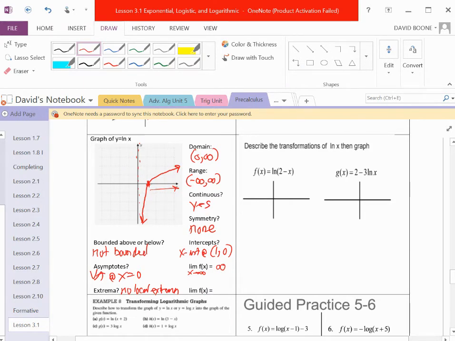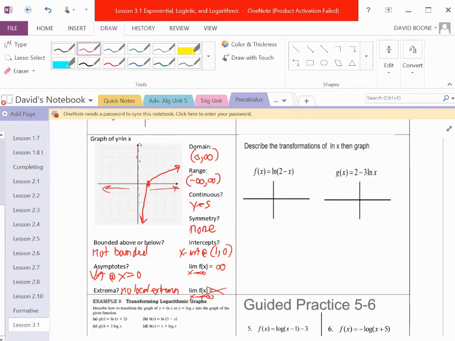But we can't go to negative infinity here. If I look at the limit of f of x as x goes to negative infinity, I can't get there. There's a wall right here. There's a vertical asymptote in the way. So this doesn't have a limit as x approaches negative infinity. It does have a limit as x approaches 0, and that'd be negative infinity. But when we're looking at end behavior, we're always looking at it as it approaches infinity or negative infinity.